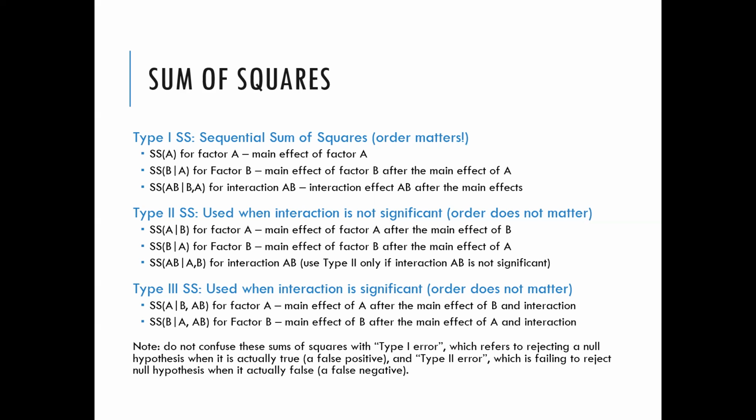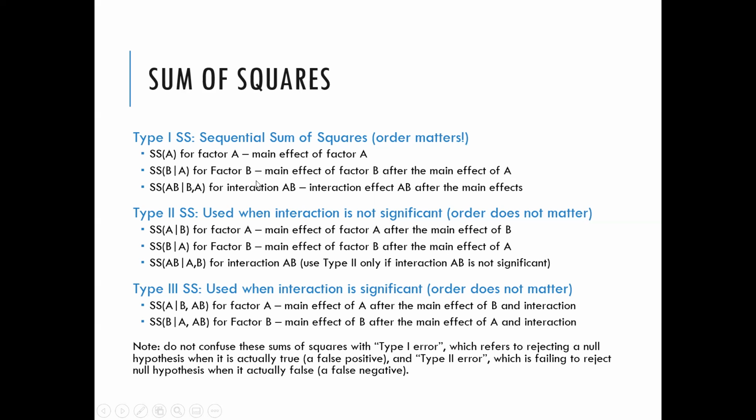We have the sum of squares for factor A, that's our main effect of factor A. And order matters here because what the model is doing is giving most of the variance to A, and then whatever is left over, it's now looking at B. So we have then the sum of squares for factor B, and that's the main effect of factor B after the main effect of A.